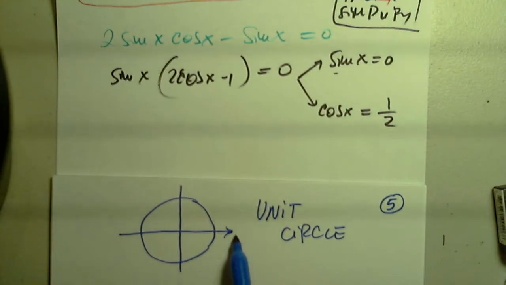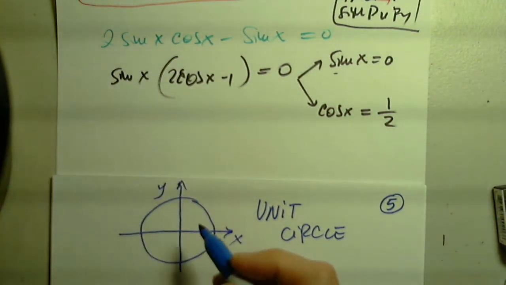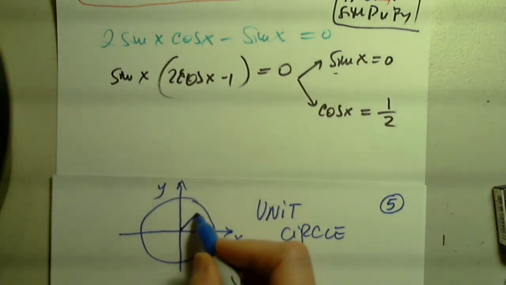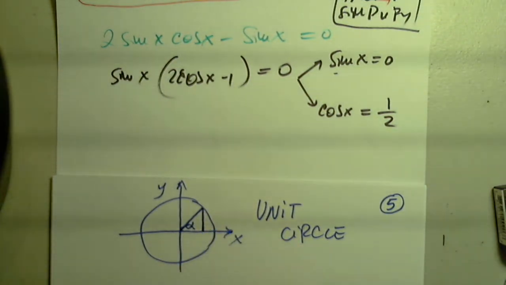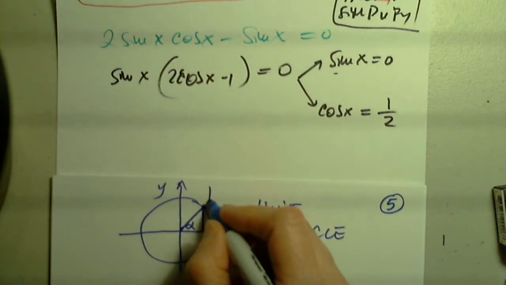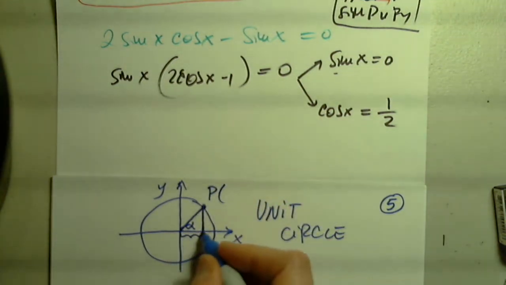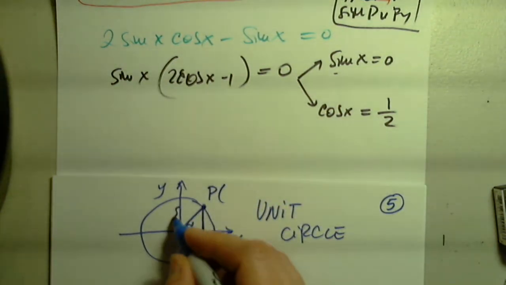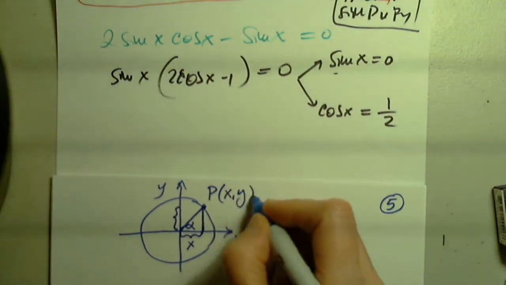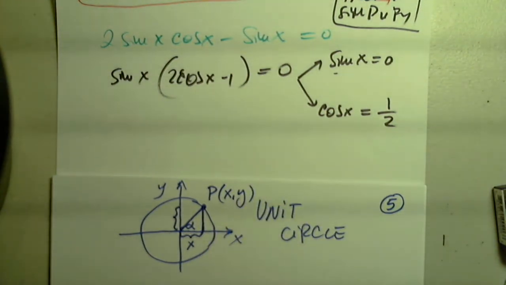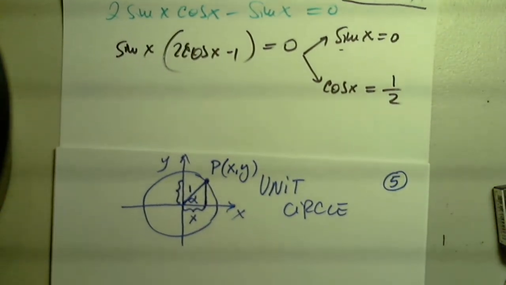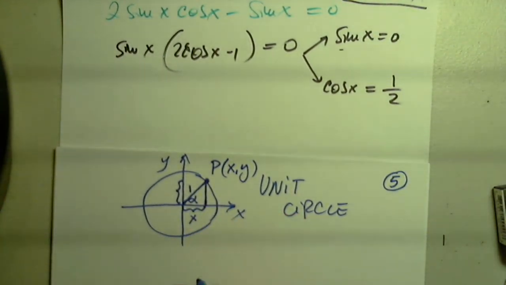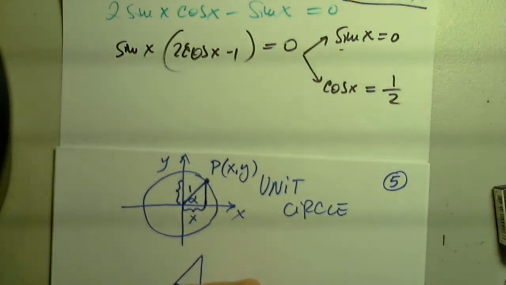So this is the x-axis, and this is the y-axis, and this is a center angle. I'm going to call it alpha. I'm going to call this point P of coordinates x, comma y. And if it's a unit circle, the radius is 1. I'm going to remove that little triangle from there.